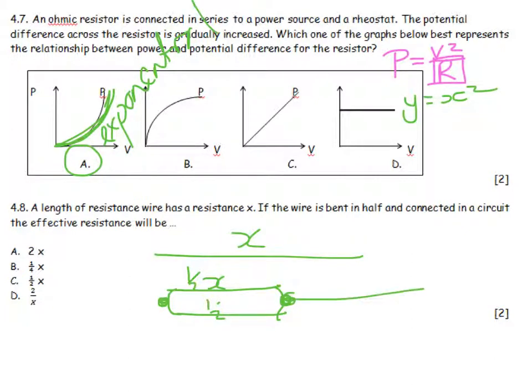So now we've got, in essence, a parallel network. Half of X and half of X, if I work out the effective resistance, is going to land up being a quarter of X. So you now land up with a quarter of X altogether as the effective resistance of that setup.